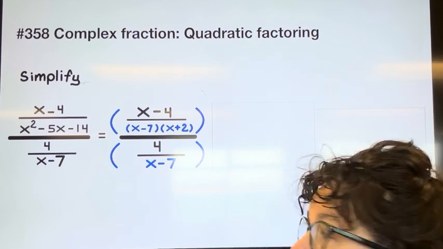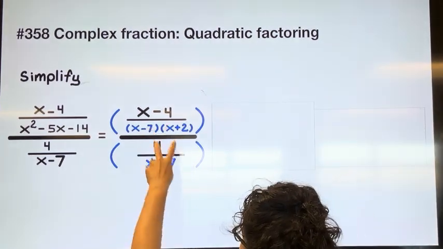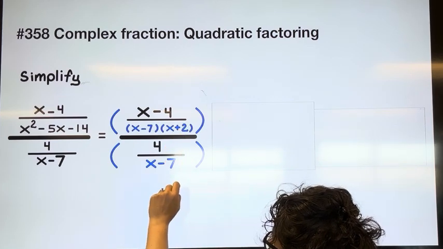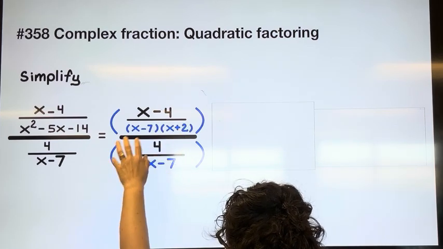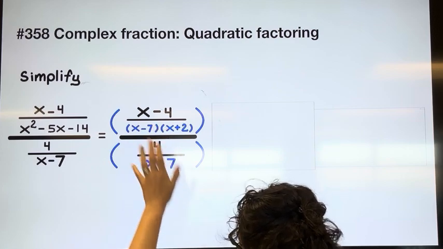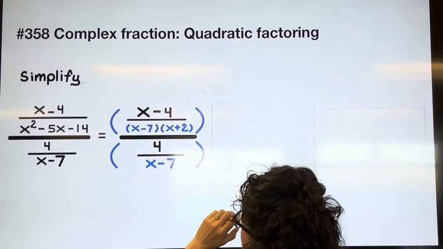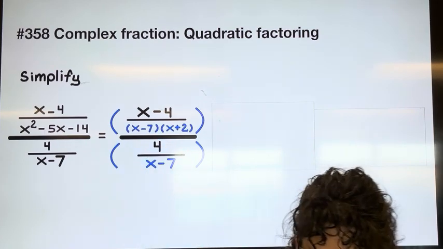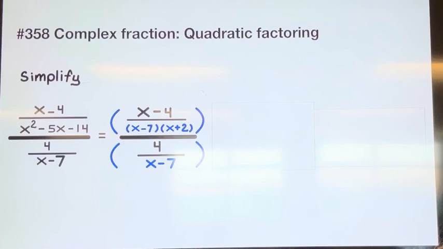If we were going to force these two denominators to be the same, this denominator would need an x plus 2. So the common denominator is x minus 7 times x plus 2. So we're going to multiply the top by x minus 7 times x plus 2 and the bottom by x minus 7 times x plus 2.